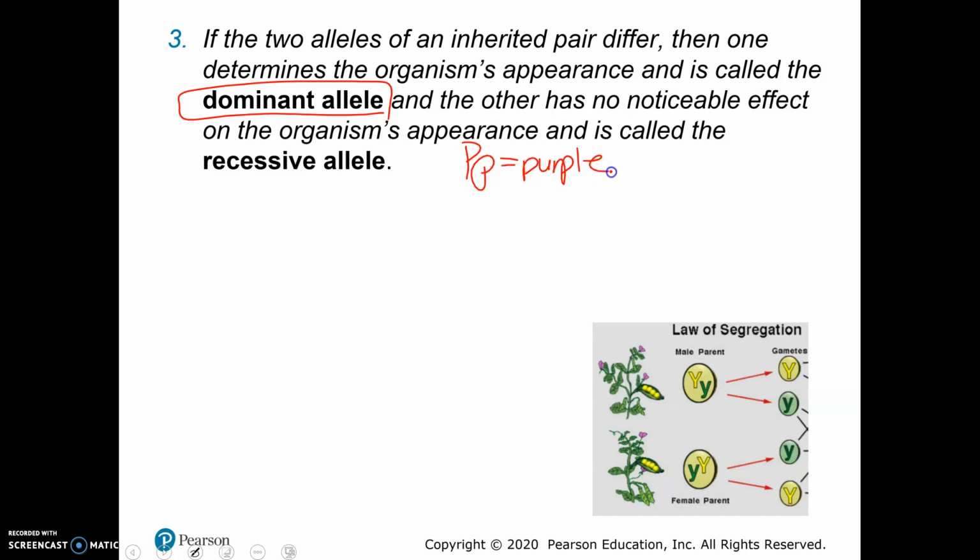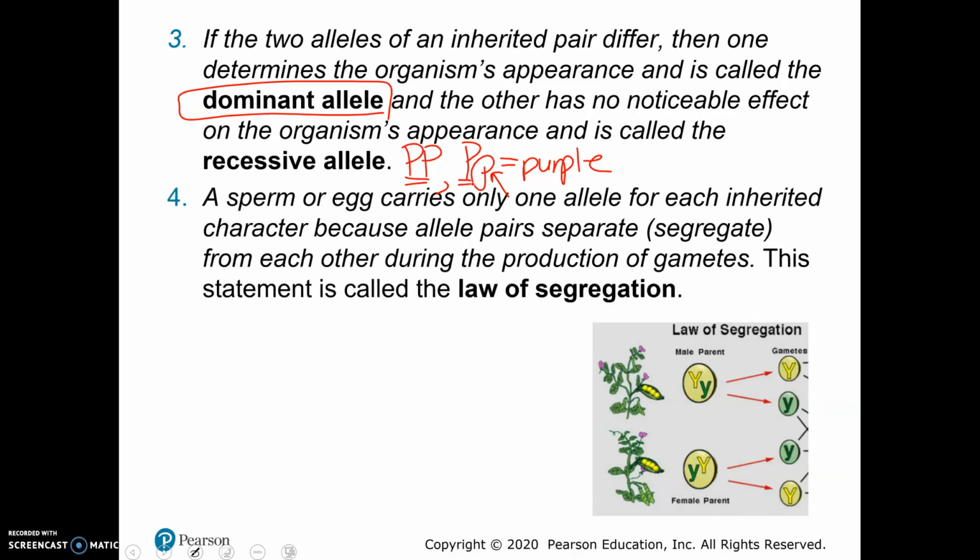It doesn't mean they weren't carrying the gene for white, but they were purple. And not only that, but that means that the ones that were big P, big P and the ones that were big P, little p would both look exactly the same. So he's the one that came up with, we actually call this the principle of dominance, the idea that some traits cover up others. And dominant basically means that if you have a copy of that one, that's the one that's going to show. You're not actually going to see the recessive trait.